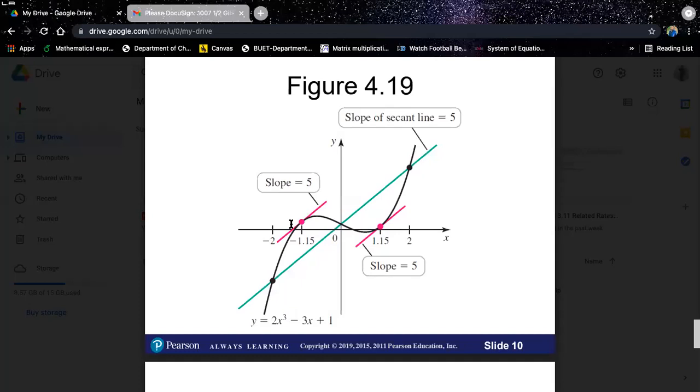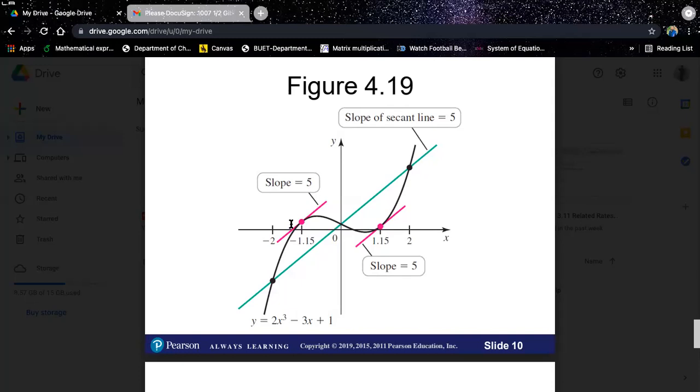So you might see a question like this, maybe a multiple choice or a true false question. I'll have the statement that using the mean value theorem, we can find only one point for which the slope of the tangent line will be equal to the slope of the secant line.